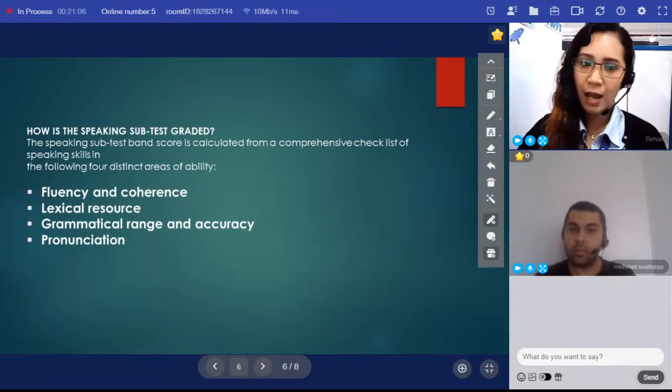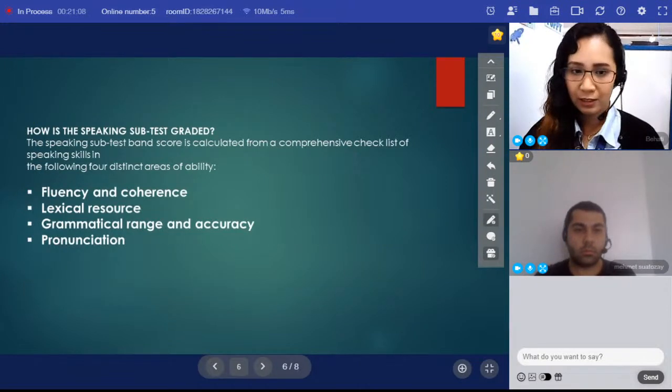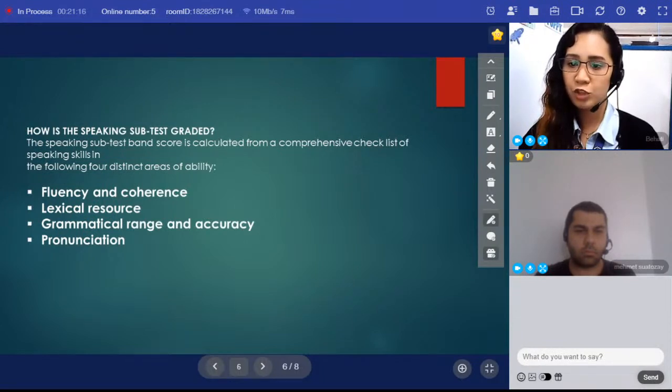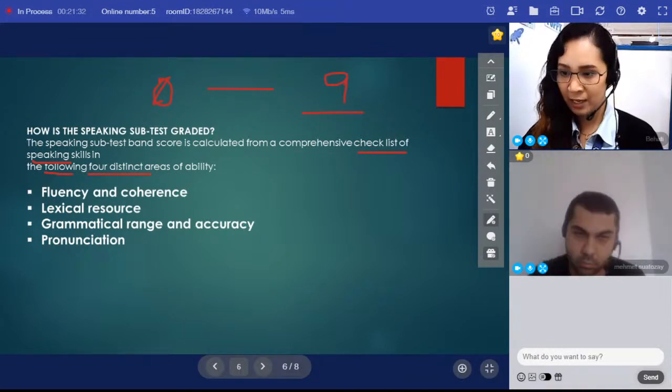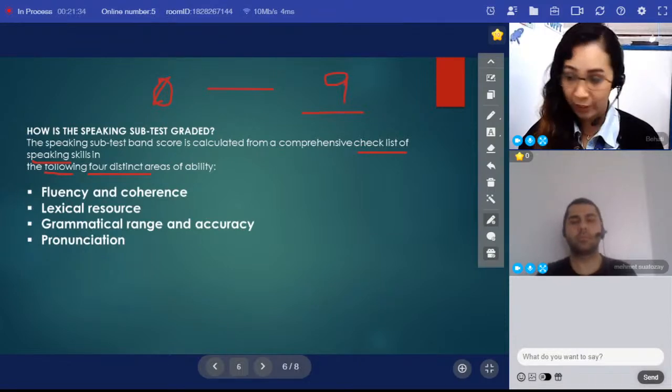Let's talk about how it's graded. So the speaking test band score is calculated from a comprehensive checklist of speaking skills in the following four distinct areas of ability. The score goes from 0 to 9. 9 is the highest you could get. 0 means you didn't show up, actually.